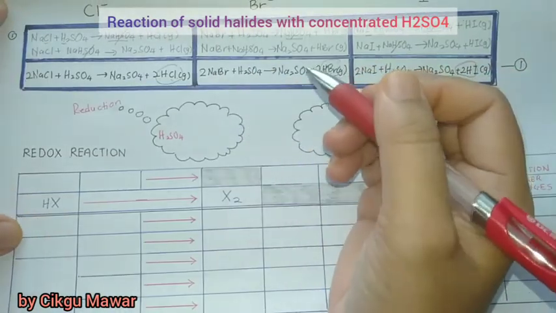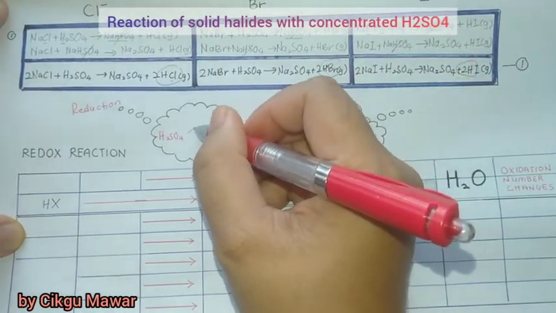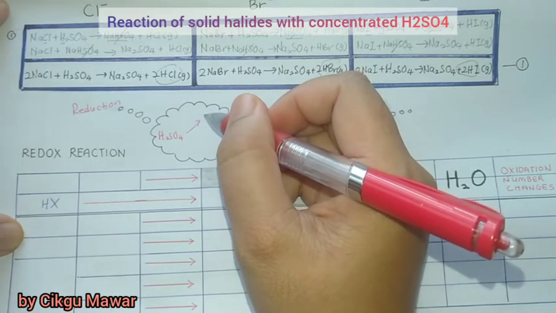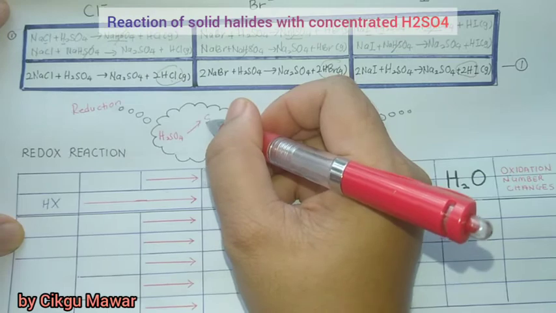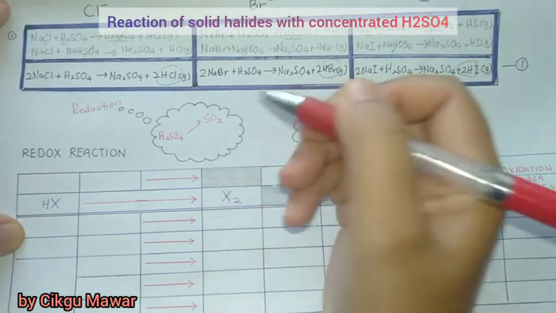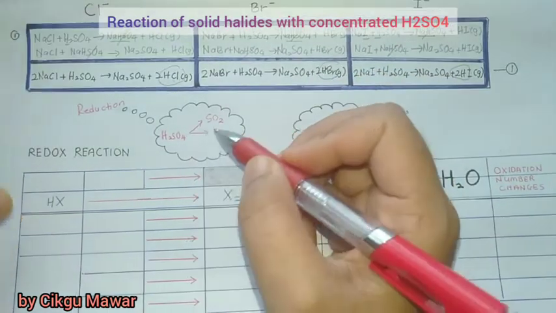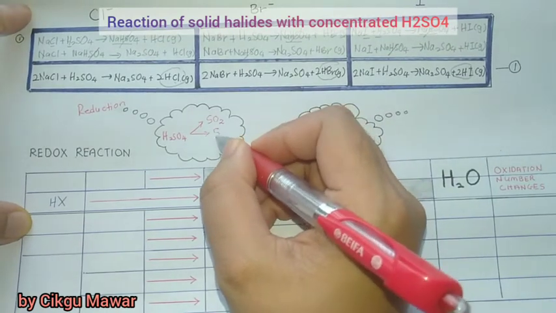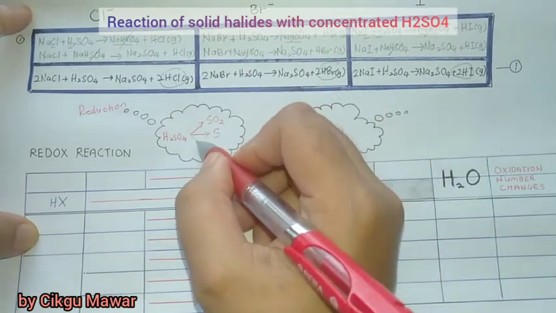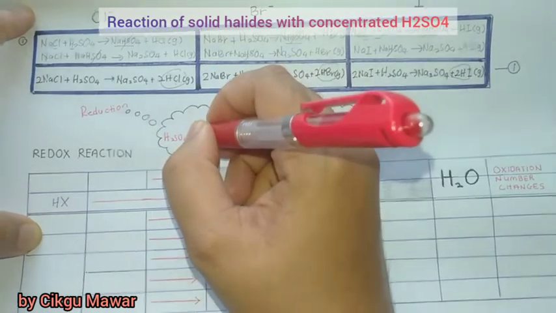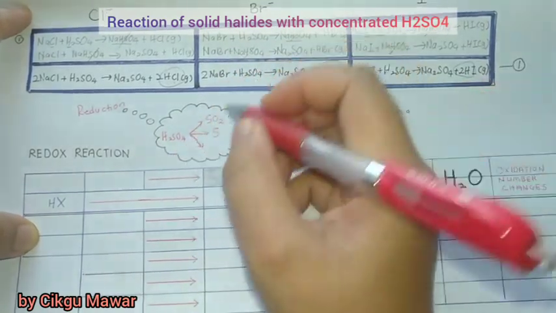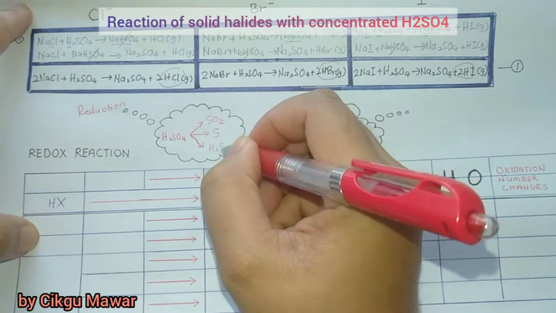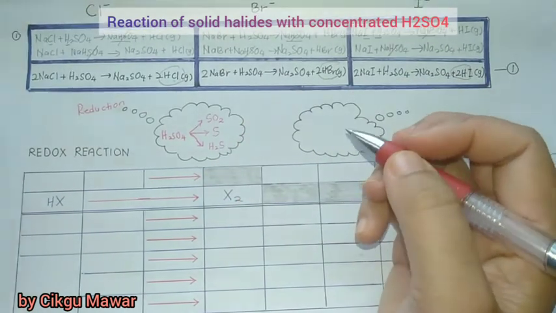This sulfuric acid will reduce itself to form three different compounds. The first one, it will form sulfur dioxide. The second one, sulfuric acid will reduce to sulfur itself. And the third one, sulfur will reduce to hydrogen sulfide.